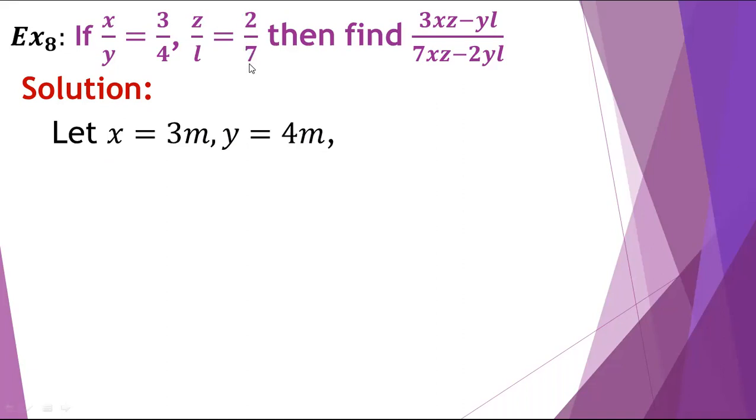But we can break this ratio if we multiply each term of the ratio by a variable, and suppose this variable is k. That means the first term of the ratio z can be 2k, and the second term of the ratio L can be 7k. We need to find the value of this expression.